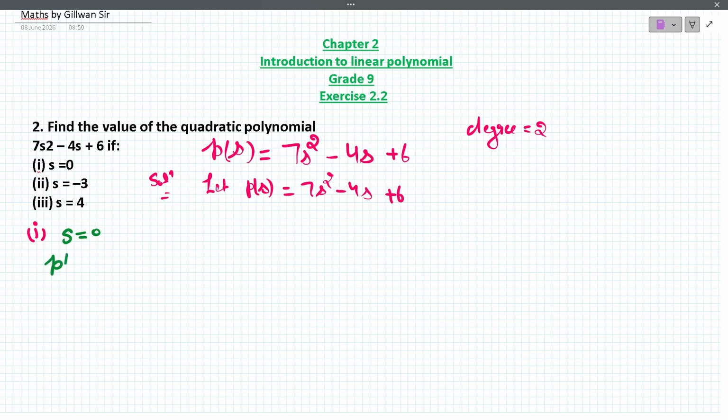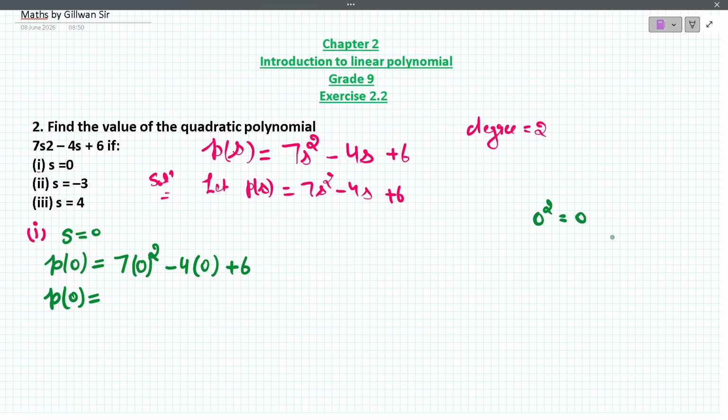Now p of 0 equals, substitute 0 in place of s at every position in the given polynomial, and we will do it in bracket. Okay, now let me know what is the square of 0. Yes, the square of 0 is 0.